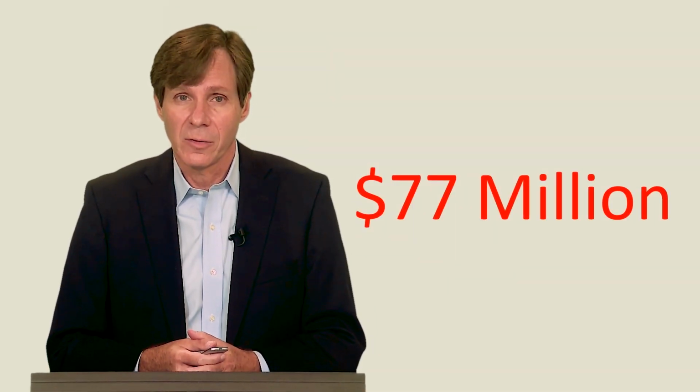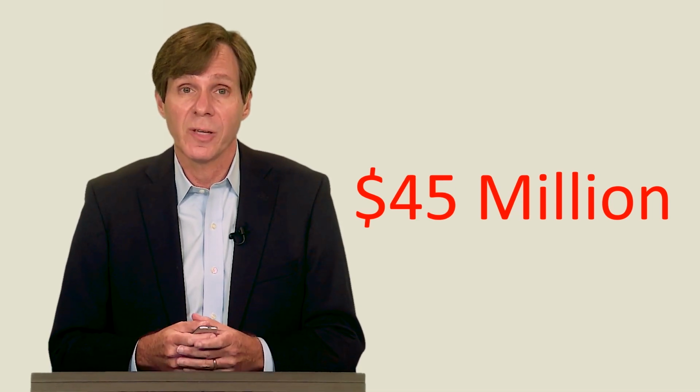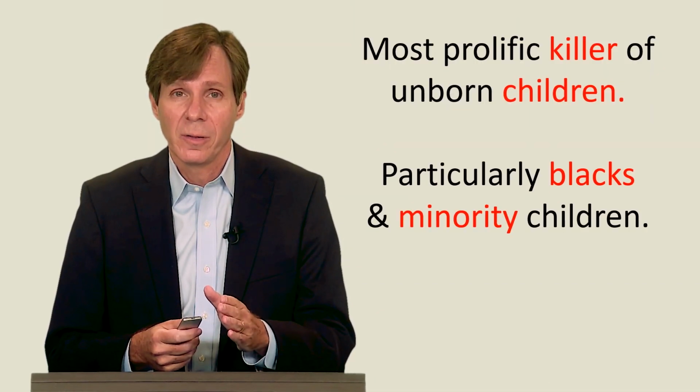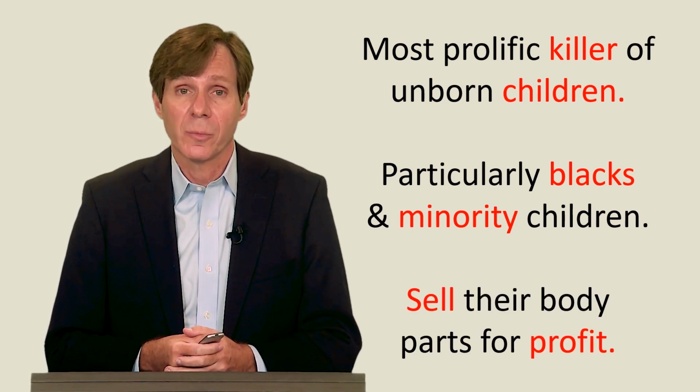And it's this fungibility that permits Planned Parenthood to flourish as the leading killer of the unborn in this country. And by the way, how much profit does Planned Parenthood make each year? Well, in 2016, for example, $77 million. Profits that have allowed their political action wing to pledge $45 million to pro-choice candidates in this most recent election cycle. So the next time someone brags to you about how wonderful Planned Parenthood is, you can tell them that Planned Parenthood is the single most prolific killer of unborn children in this country, particularly the children of blacks and minorities, and that they then sell their body parts for profit.